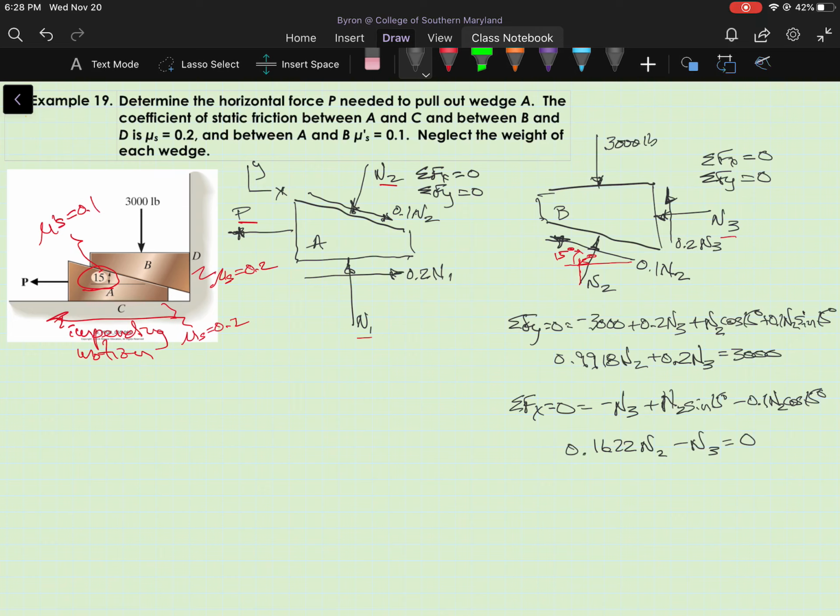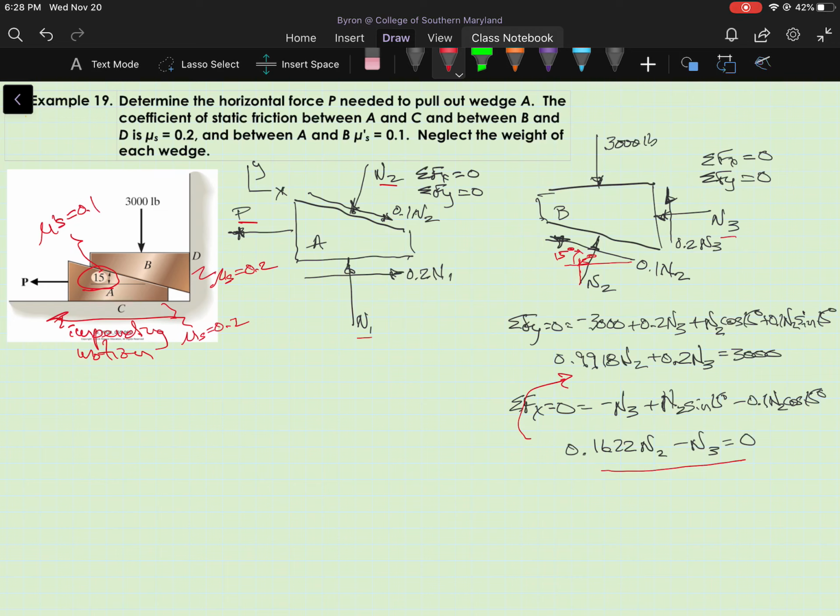And now I need to solve those two simultaneous equations in n2 and n3, and I'm not going to go through that, but you can see here in this equation it's set up pretty nice that you can say n sub 3 equals 0.1622 n sub 2 and put that back into this equation.